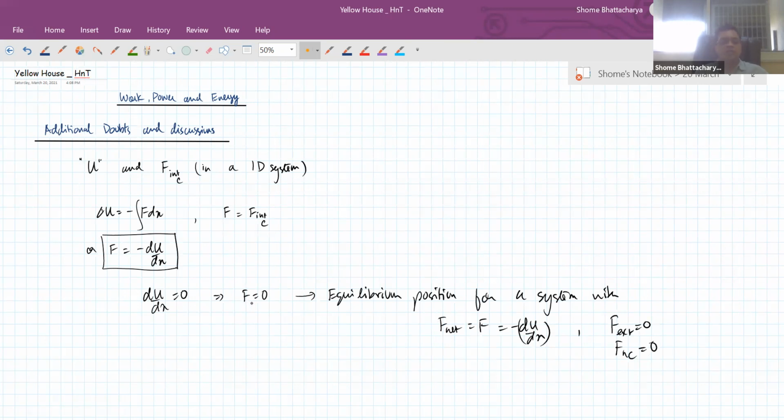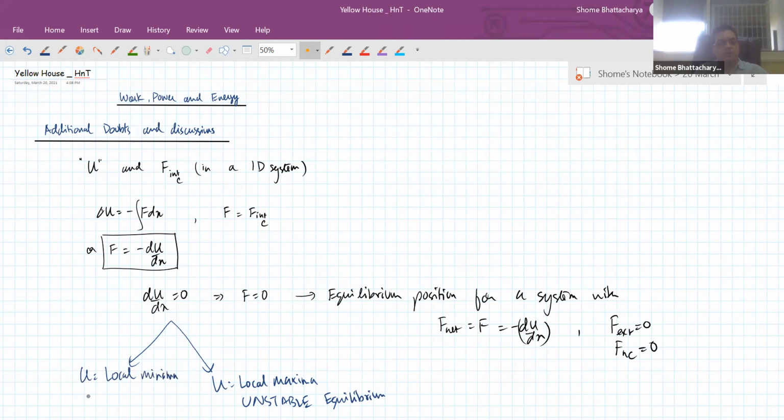Further, if it is a position where potential energy has a local maxima, then it is an unstable equilibrium. And if potential energy has a local minima, then it is a stable equilibrium.